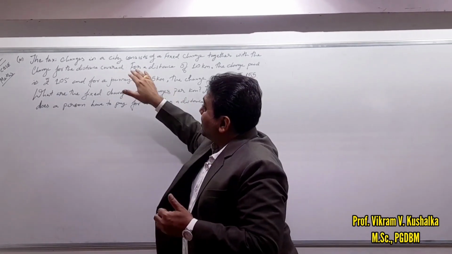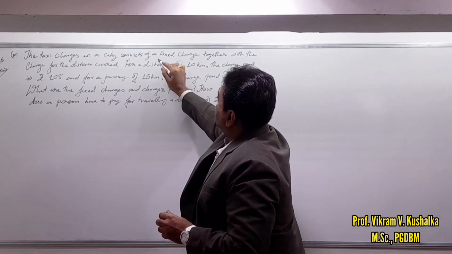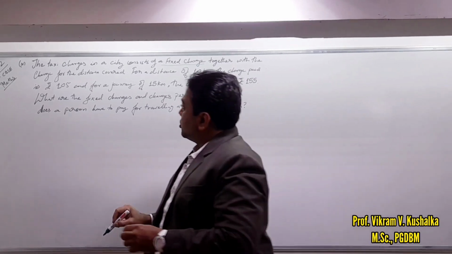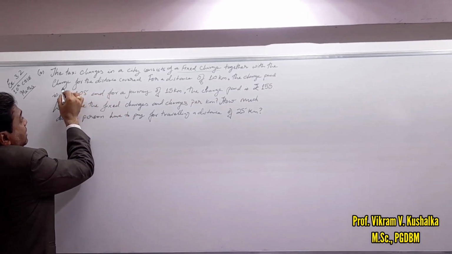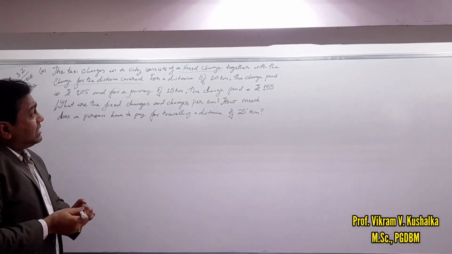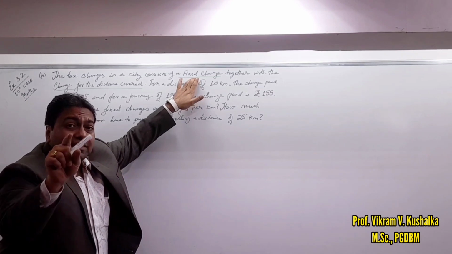So the taxi charges in a city consist of a fixed charge, please mark over here, a fixed charge together with the charge for the distance covered. The moment you get into the taxi, there is a fixed charge.